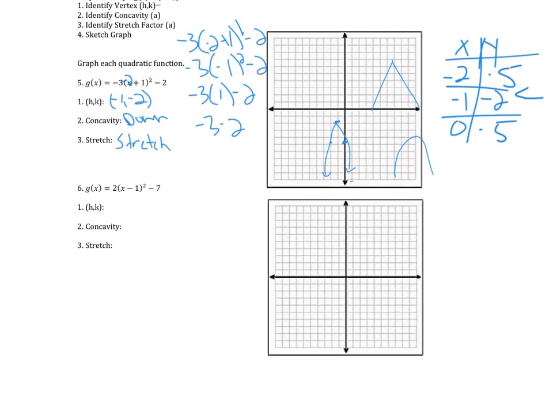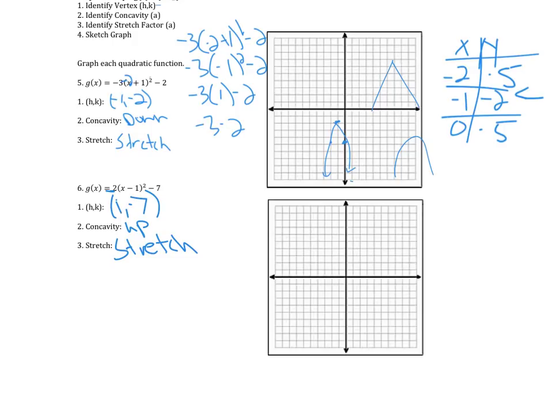All right, let's do this next one. Our (h, k) is at (1, negative 7). Concavity, our a is positive, so it's up. So there's our a, it's a plus 2. And then again, our stretch, we are a stretch on this one because our a is greater than 1.